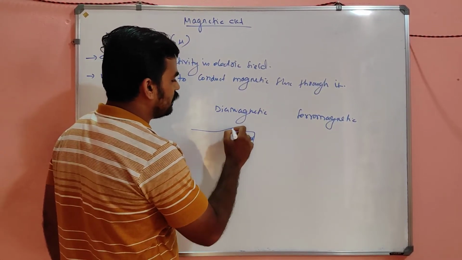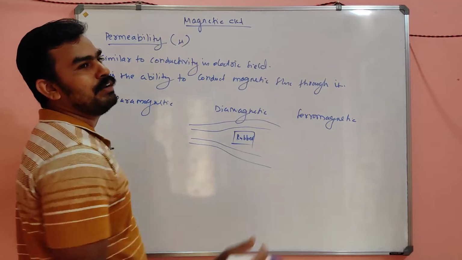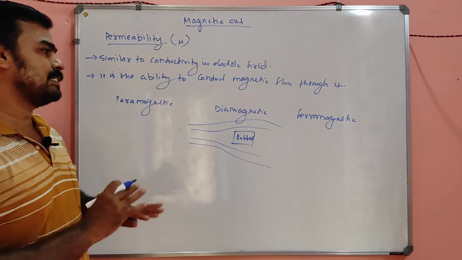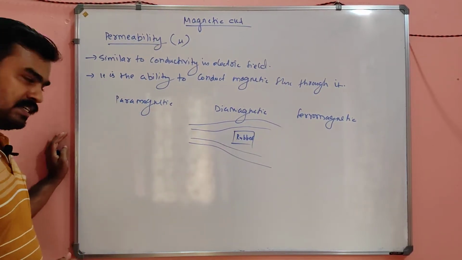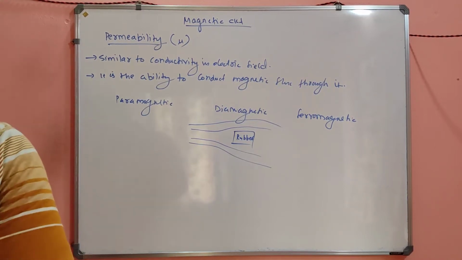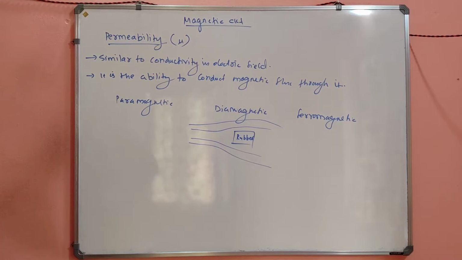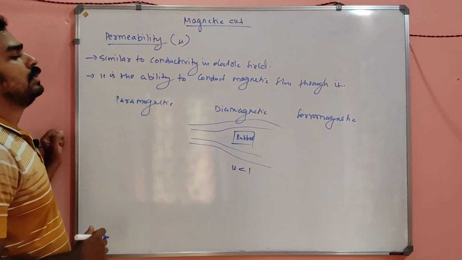The lines of force move away from the material. A material that does not carry any magnetic flux through it is called a diamagnetic material, and the value of mu will always be less than 1.